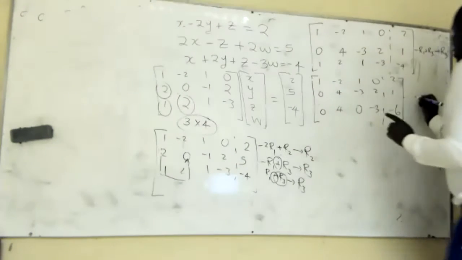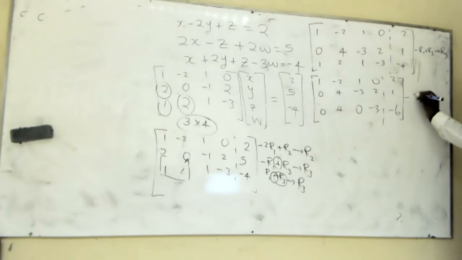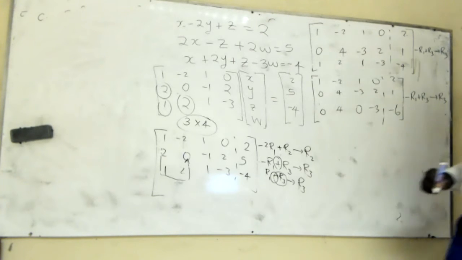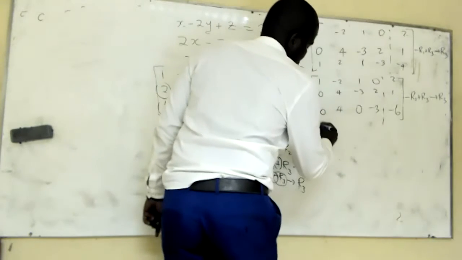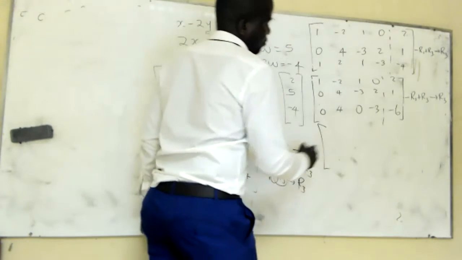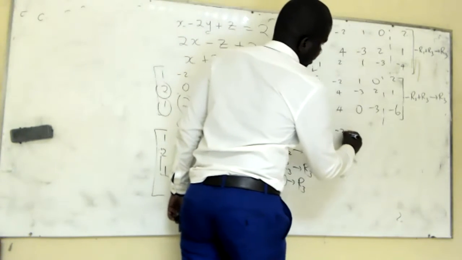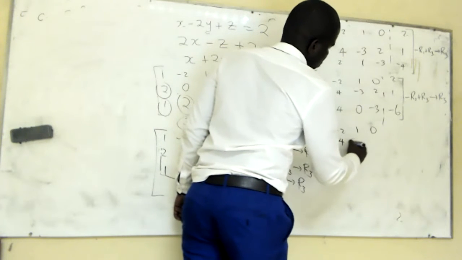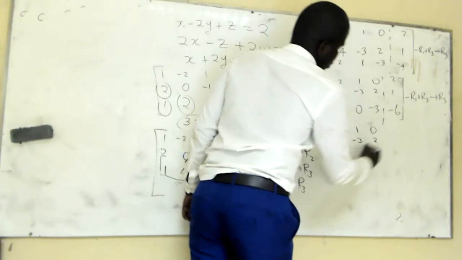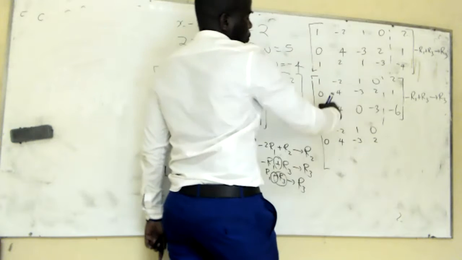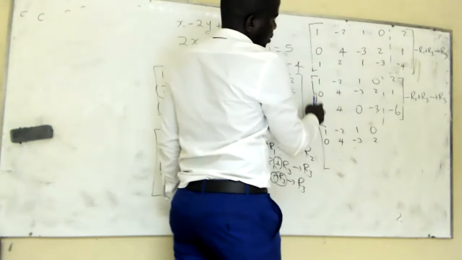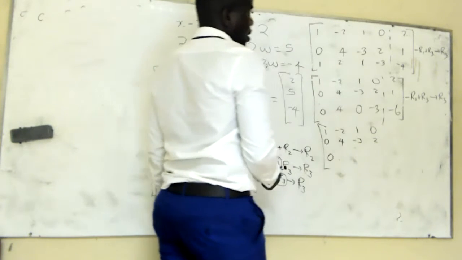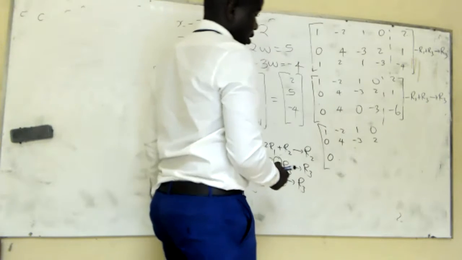Okay, then now we're going to have negative R2 plus R3, which gives us R3. So now let's see what we get after transforming. It's going to be 1, -2, 1, 0, and then 0, 4, -3, 2. And now we use that equation to transform equation number 3. This with that is going to give us an obvious 0.